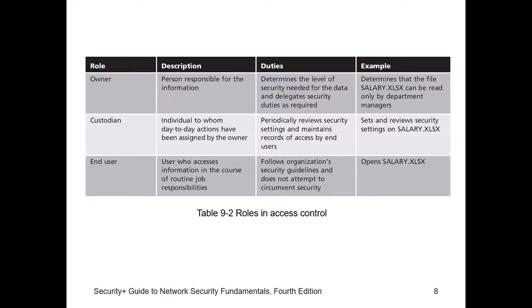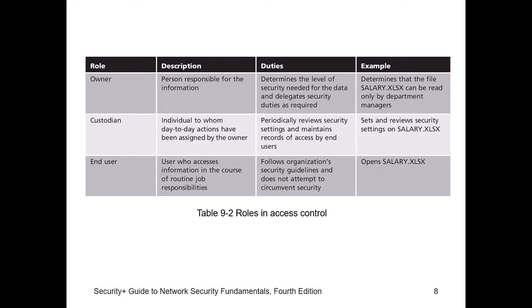The owner is the person that is responsible for the information. He's the one that is the creator of the file. So for example, if that file is salary.xlsx, he's the one who created it. That's the owner of the file, and he will have full supervisory privileges on that file. He or she can delete the file, rename it, do whatever they want with it.